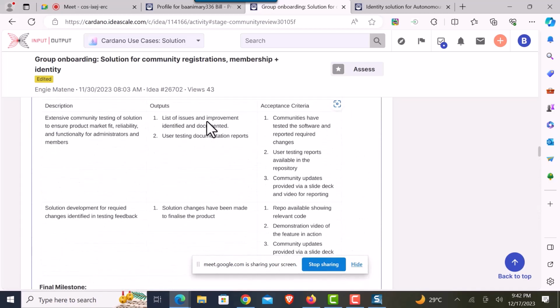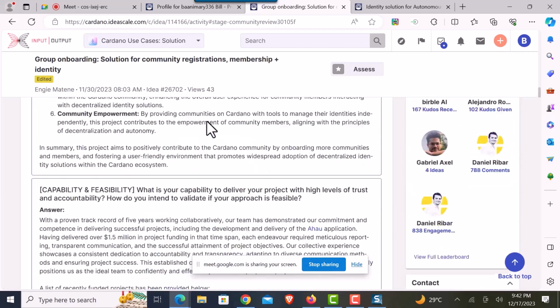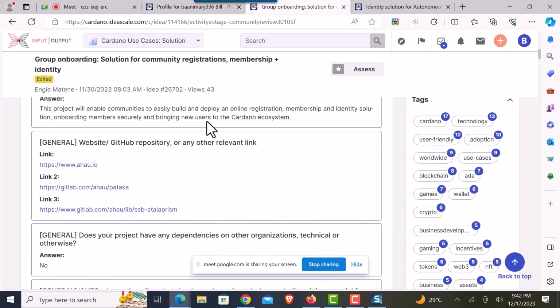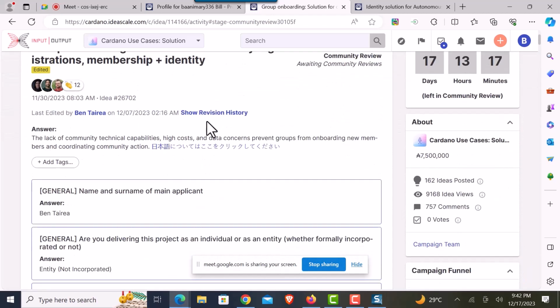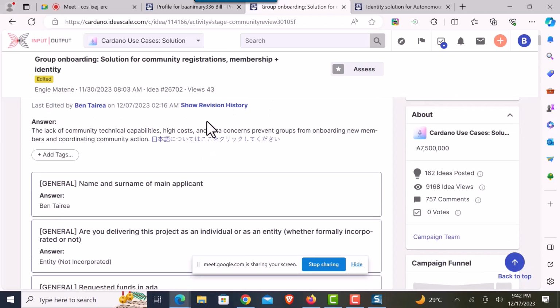I'll take a view at the problem statement: the lack of community technical capabilities, high costs, and data concerns prevent groups from onboarding new members and coordinating community action.